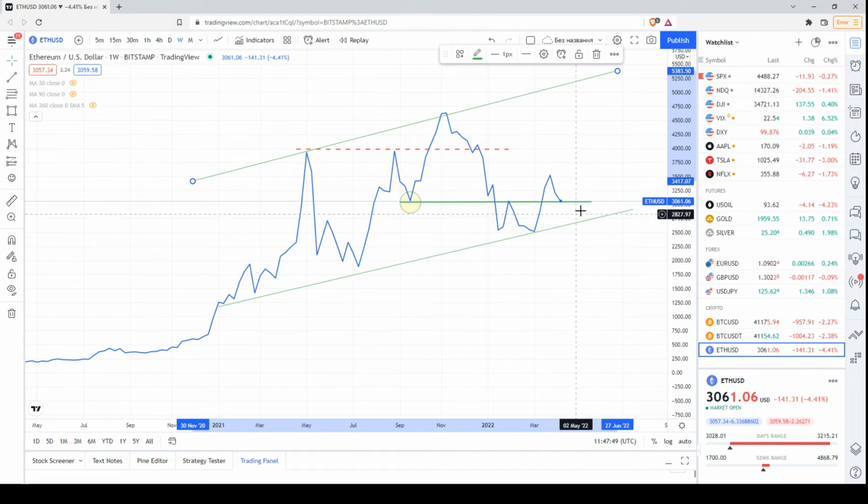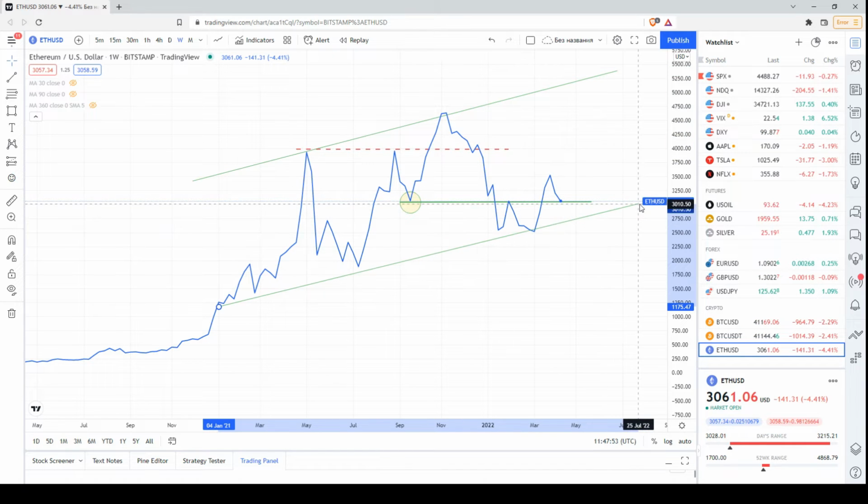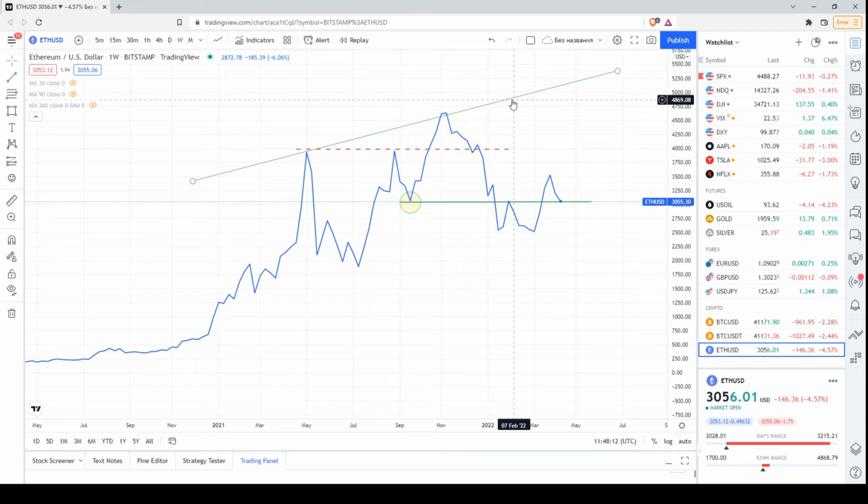So definitely, if we see some kind of rebound from this line that is theoretically heading upwards, it may validate this potentially bullish scenario. But if we see a further decline, and if the price drops below this local low, then it will invalidate this scenario. So let's wait and see what happens in the near future.